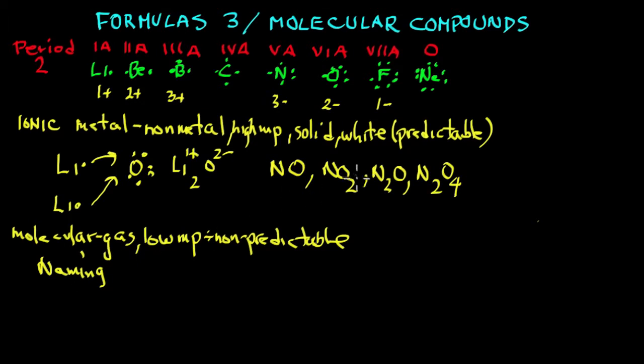And notice I said molecule, these are single units, whereas Li2O is a crystal, and there are millions and millions of these in a crystal. These are single units, 3 little atoms, NO2 combined. 6 little atoms, N2O4 combined. To name them, we use prefixes.